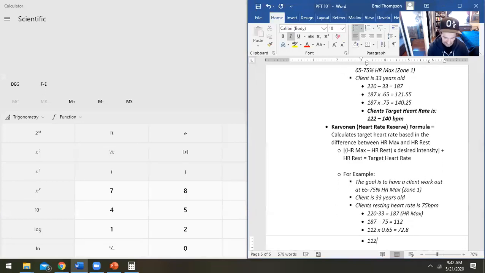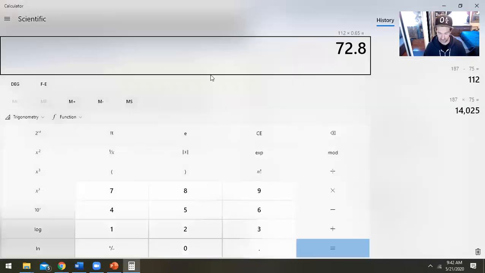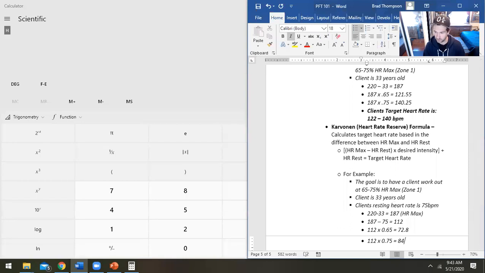and 112 times 0.75 equals 84. That's nice, we got a round number.